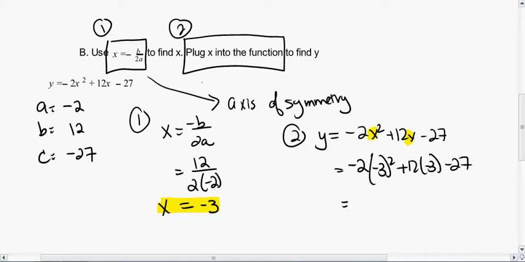Negative 3 squared is 9. 9 times 2 is negative 18. 12 times negative 3 is negative 36. And I still have a negative 27.